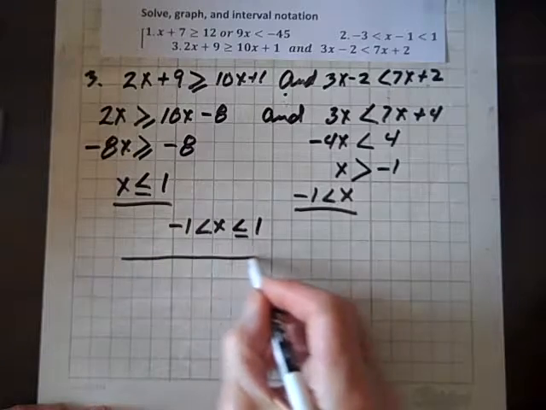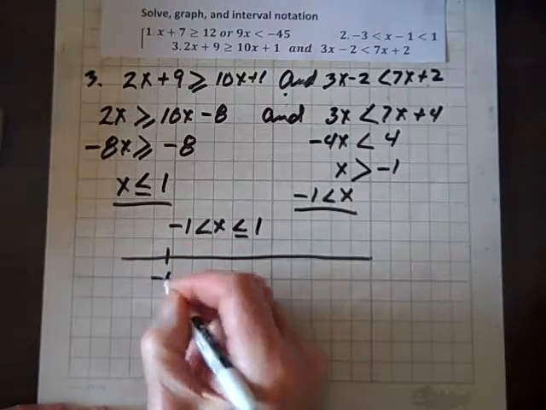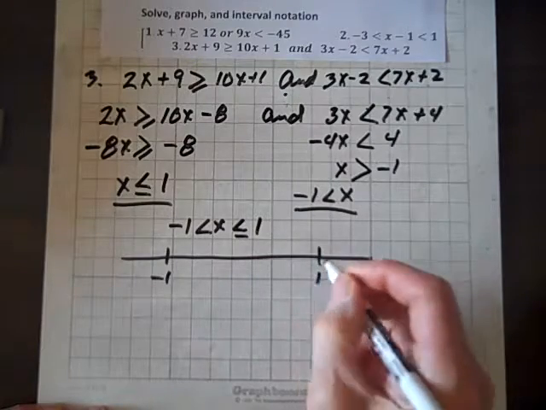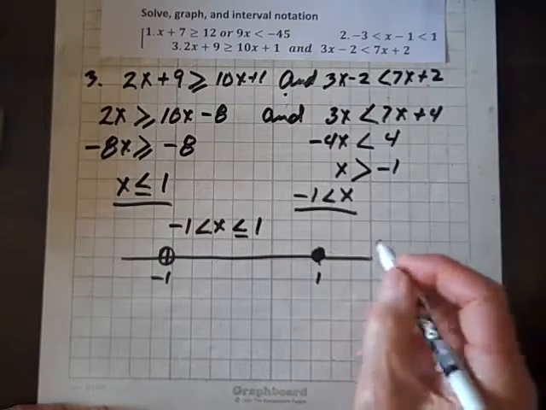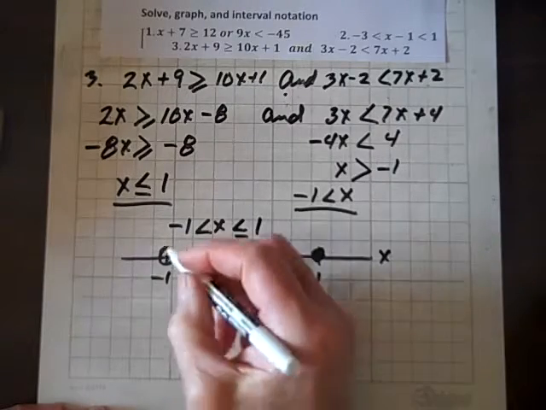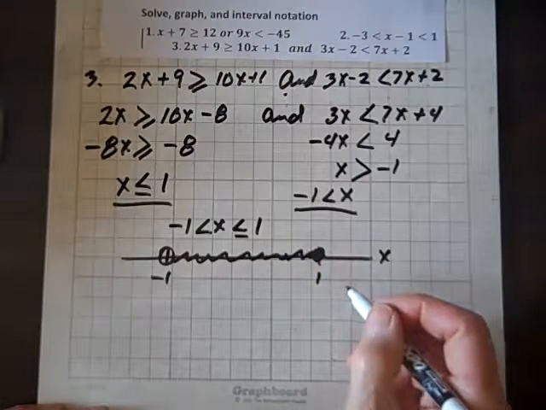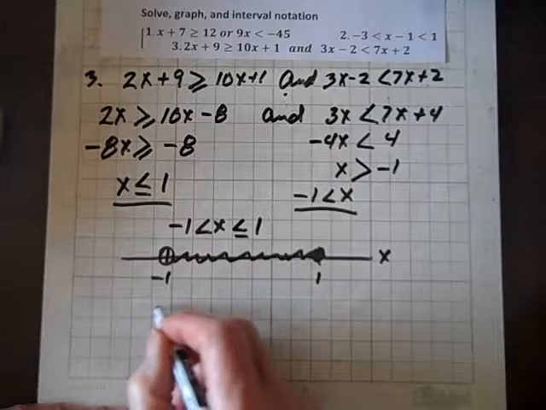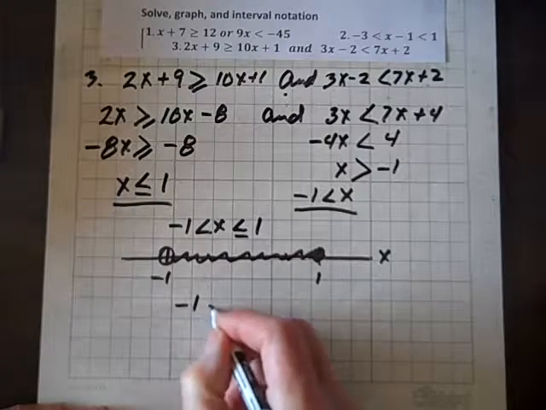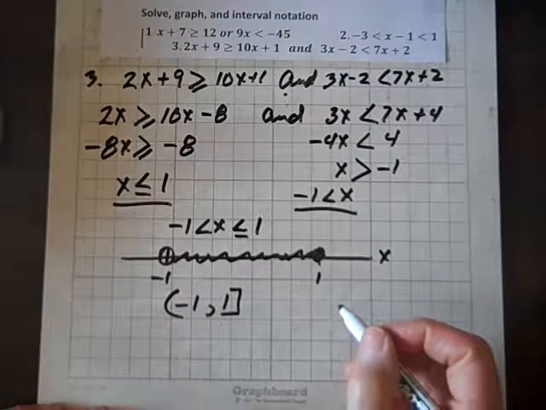So we'll draw the number line, hash mark at -1, hash mark at 1, open circle here, closed here, you know why, and now everything in between, isn't it? So in interval notation, we have -1 to 1, parenthesis, bracket.